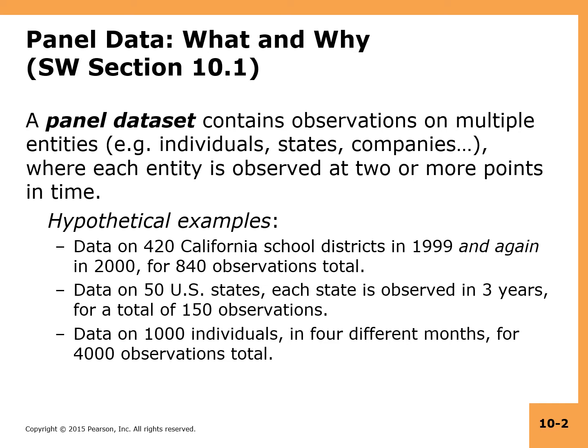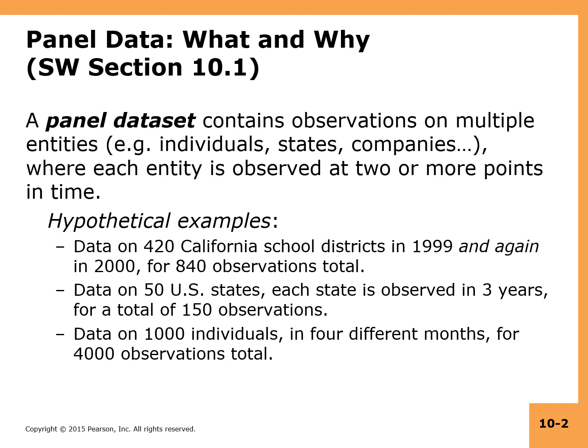So in our previous example, we had 420 California school districts in 1999. So that was what's called a cross-sectional data set. If you observe the same set of these 420 California school districts, not only in 1999, but again in 2000, then it would be considered a panel data set.